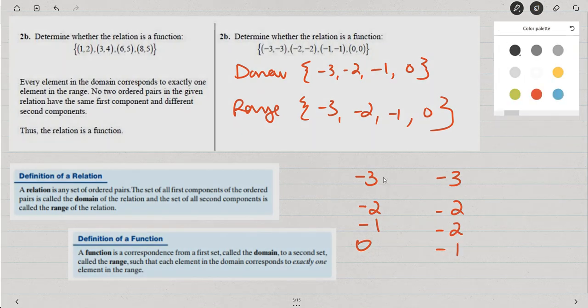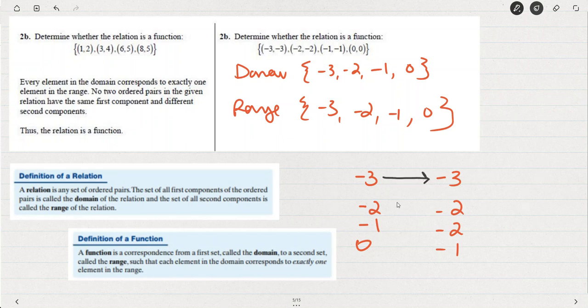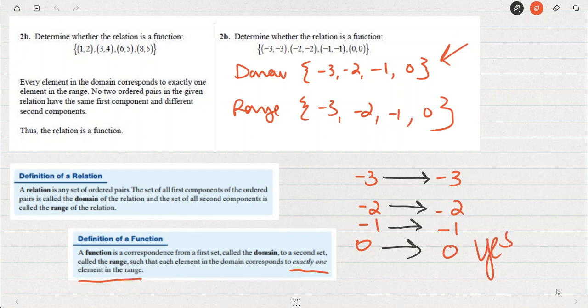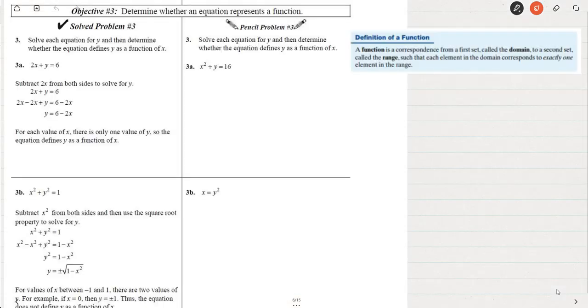So if I were to pair these up, -3 goes to -3, -2 to -2, and so on. Oh, it looks like I got distracted and wrote those repeated instead of the -1 and the 0. But we can see that every element in the domain has exactly one element in the range. So this is a function. You could see other examples in your book, and it would probably be beneficial to look at those.